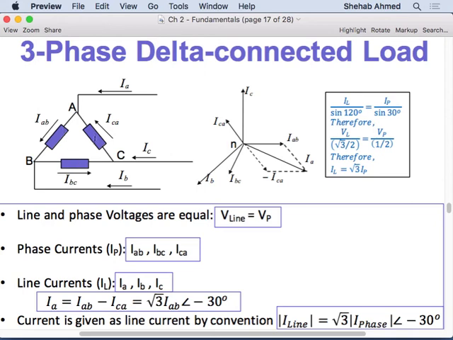If the currents here are all equal in magnitude, but they do not sum to zero, they're not 120 degrees apart, then if this current is 1, this current is 1, this current is 1, it's one current with magnitude 1 at angle 0. If these are 3 resistors and these currents are all in the same direction, then the voltage drop across this, plus the voltage drop across this, plus the voltage drop across this, is not going to equal 0. It will equal some value.